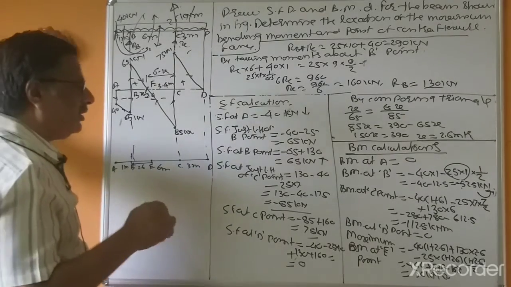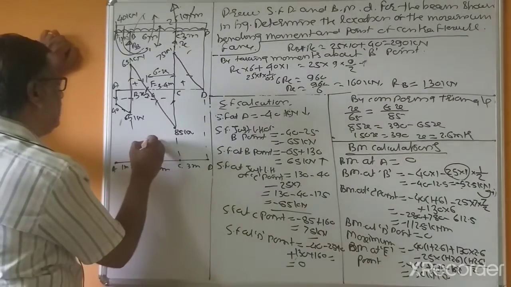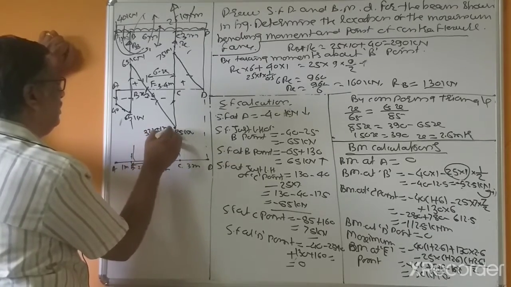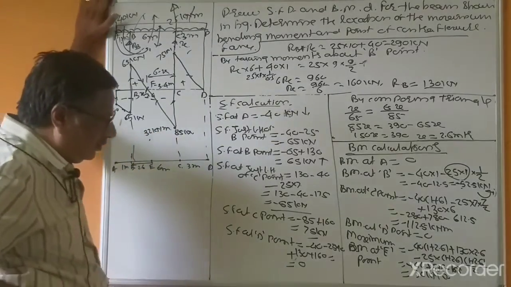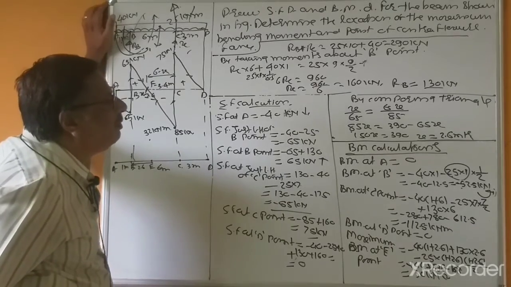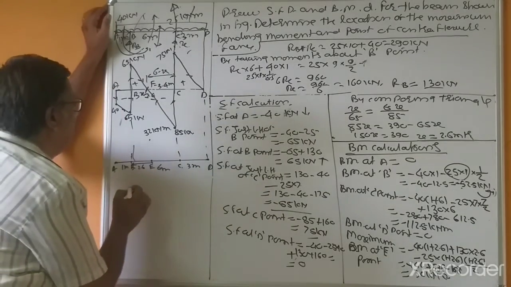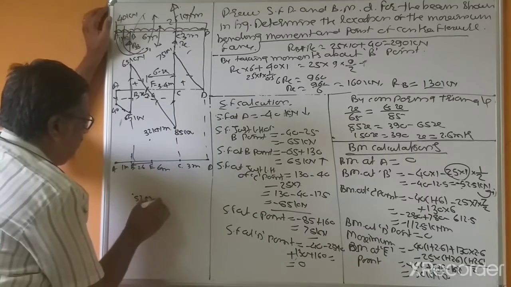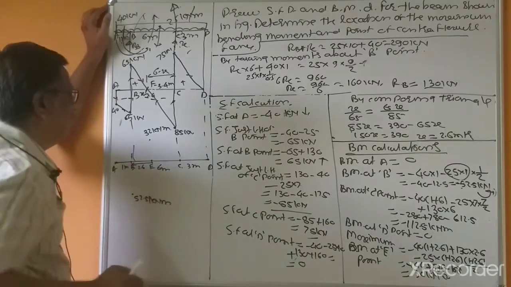Right, at E point the maximum bending moment is 32. Suppose this is 32 kilonewton meter, 52.5 at B point kilonewton meter.